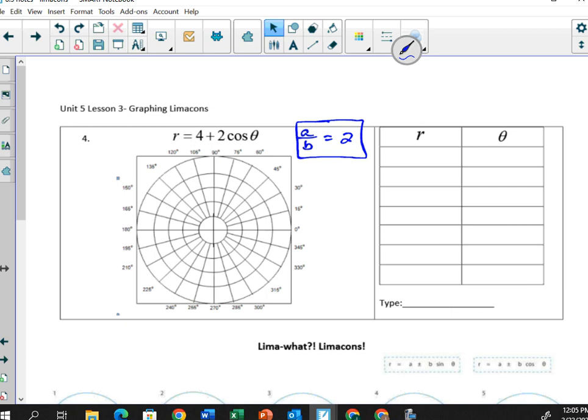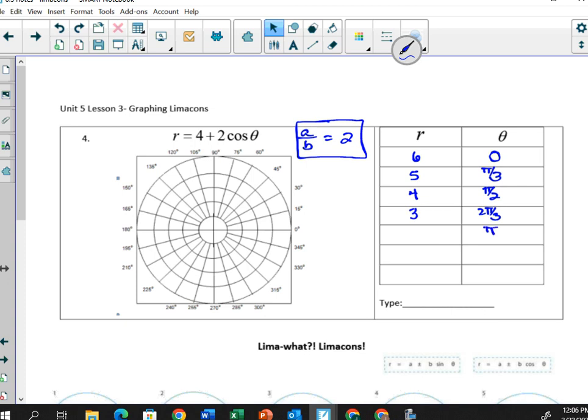And we're plotting points. Are we getting better at making a table and plotting? If I plug 0 in, what do I get? 6. Pi over 3: 5. Pi over 2: 4. 2 pi over 3: 3.